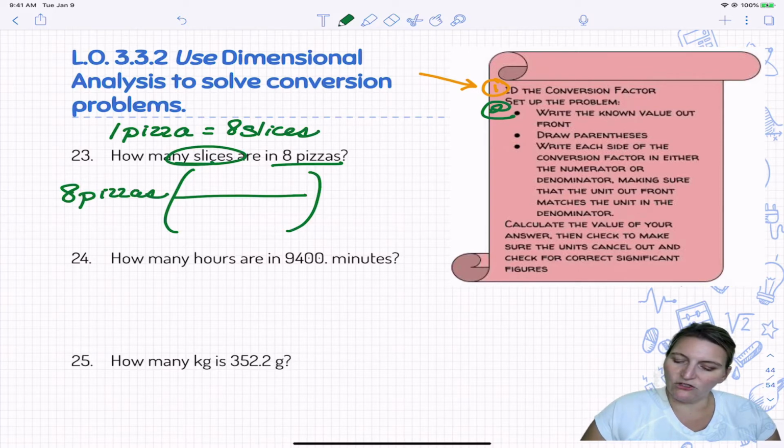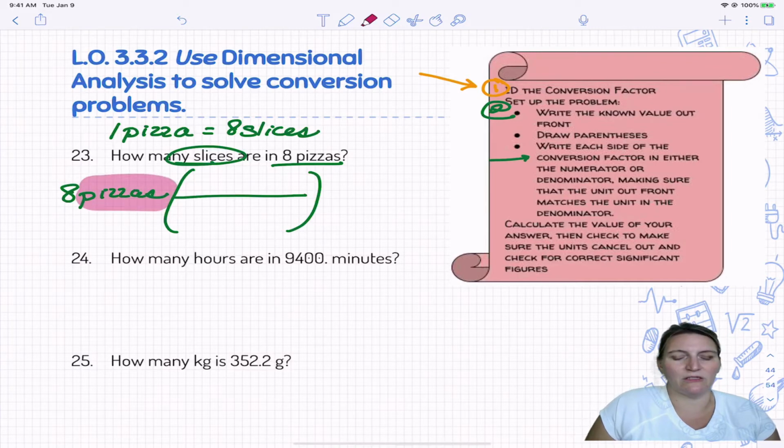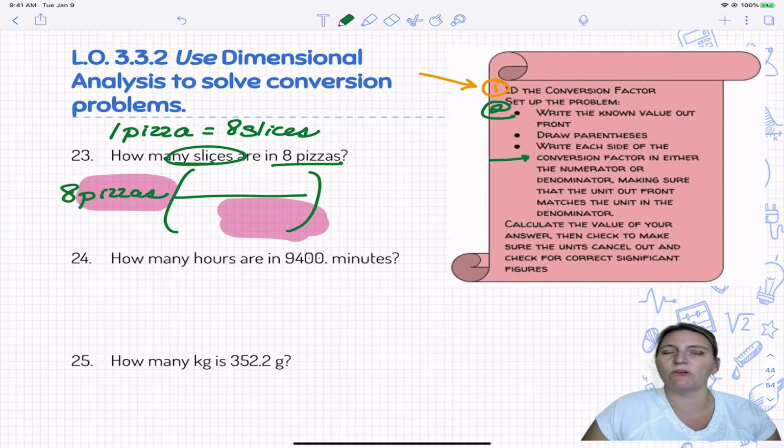And then write each side of the conversion factor. This is where we are right now. Write each side of the conversion factor in either the numerator or the denominator, making sure that the unit up front matches the unit in the denominator. So see how this is pizzas. I know that what needs to go down there is also the word pizzas. And the reason why I know that is because I want them to cancel out.